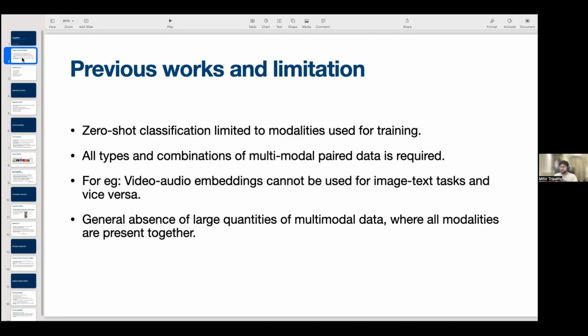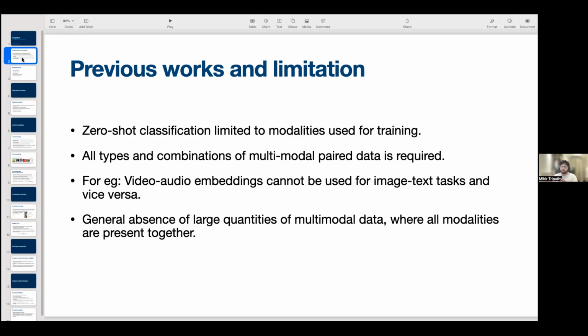So if you give it an image of a dog, it can't tell you about the audio or the barking of the dog. It can only tell you about the text. So this is something that these models are facing. They're only able to predict the modalities they have been trained on.